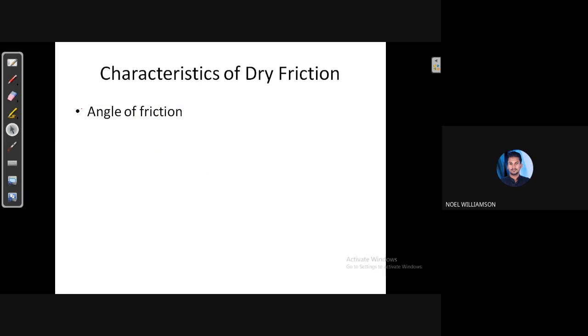Now, the angle of friction. So what is the angle of friction? In the previous case itself, this is a surface and a body is placed over here.